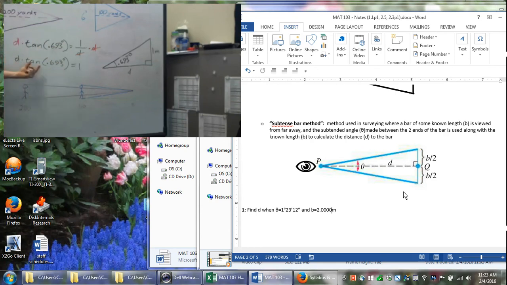So in order to solve this for d, we need to multiply by d on both sides. Okay, and that cancels out our d there.